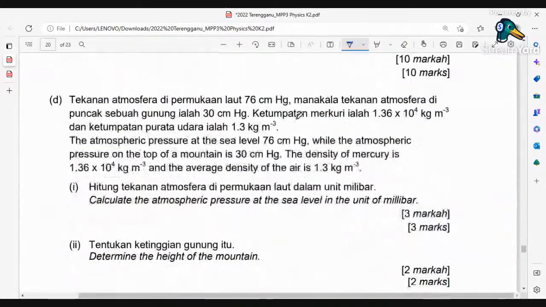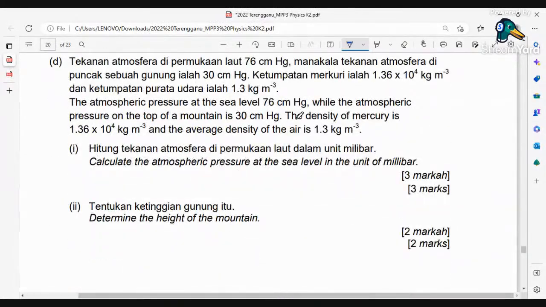Okay, now we go to part E, calculation. Atmospheric pressure at sea level is 76 cm mercury. Atmospheric pressure at 30 cm mercury. Okay, density of mercury. Okay, density of air. Okay, calculate atmospheric pressure at sea level in unit of millibar.